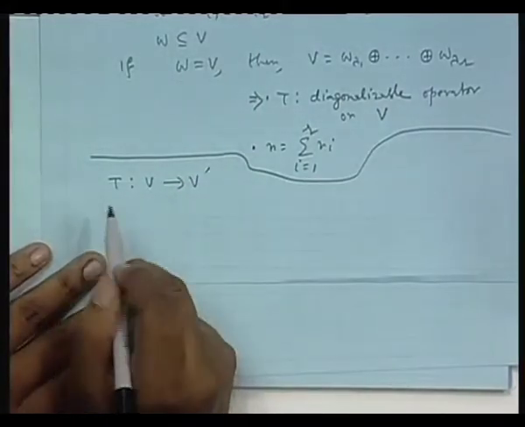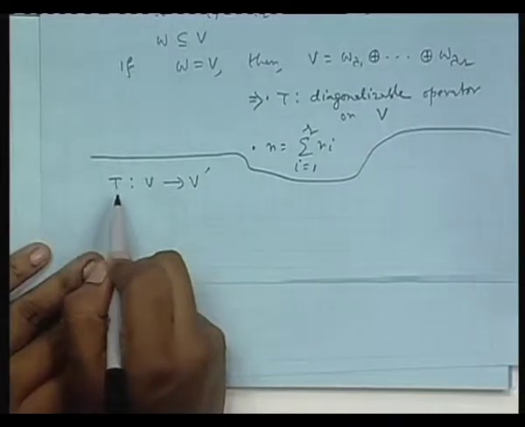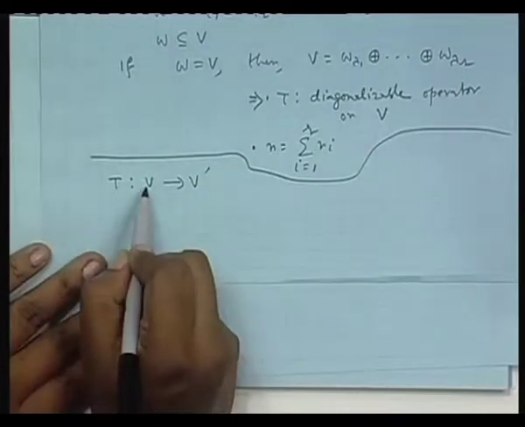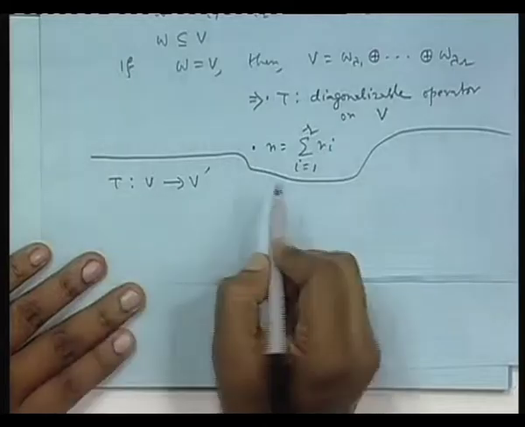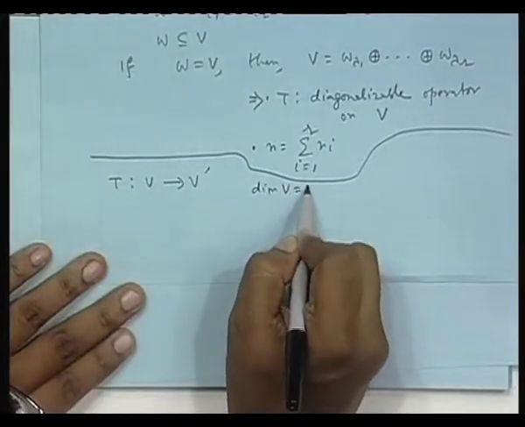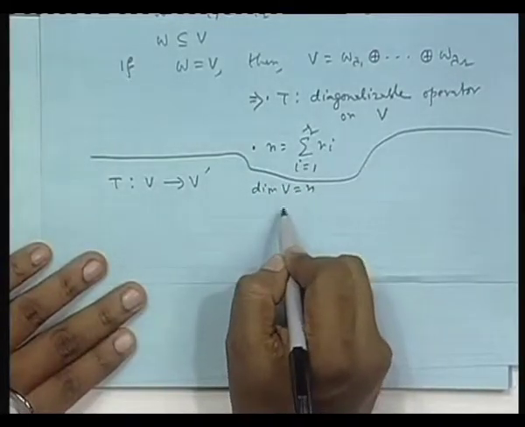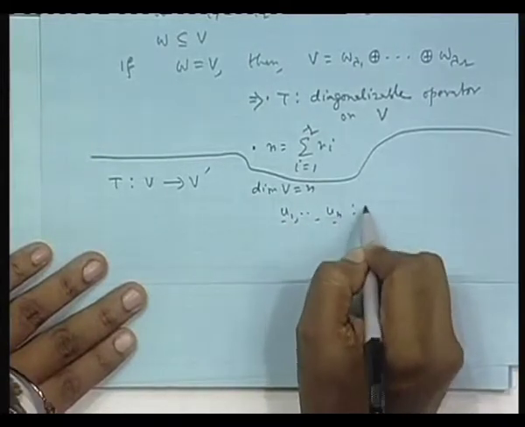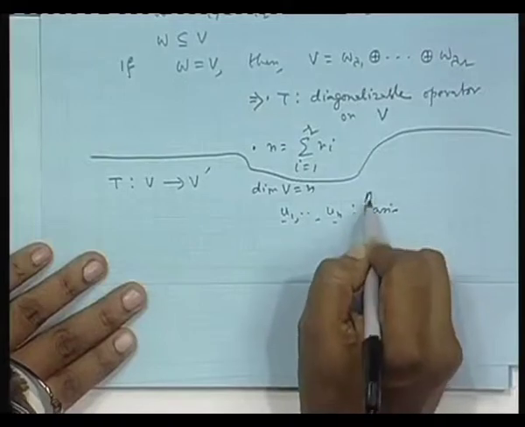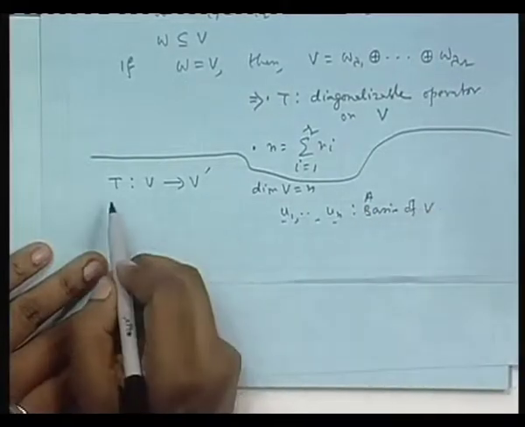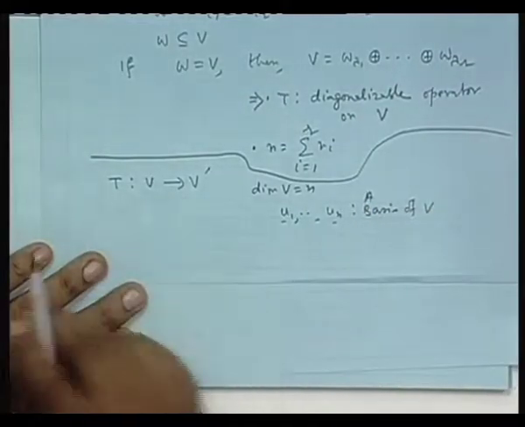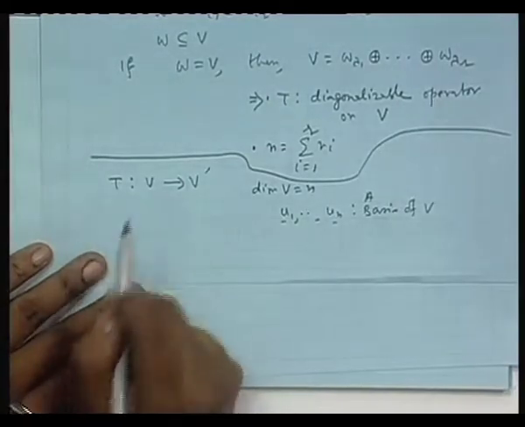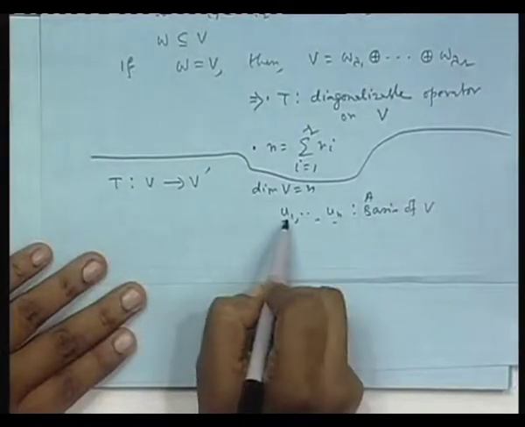Then my claim is T can be defined simply by taking any basis of V. If the dimension of V is equal to n, and you take any basis u1 dot dot dot un of V, then my claim is T can be defined perfectly if we are given the action of T on each of the basis vectors.